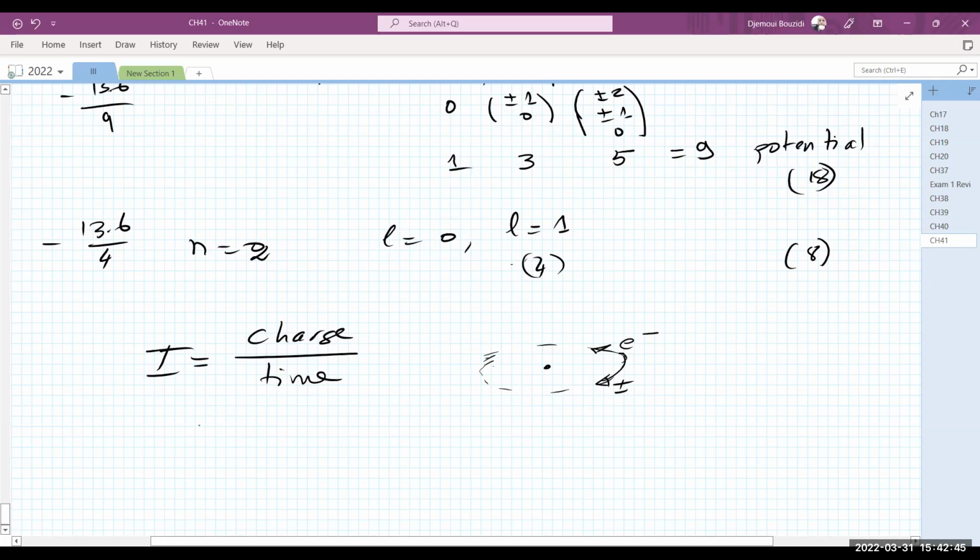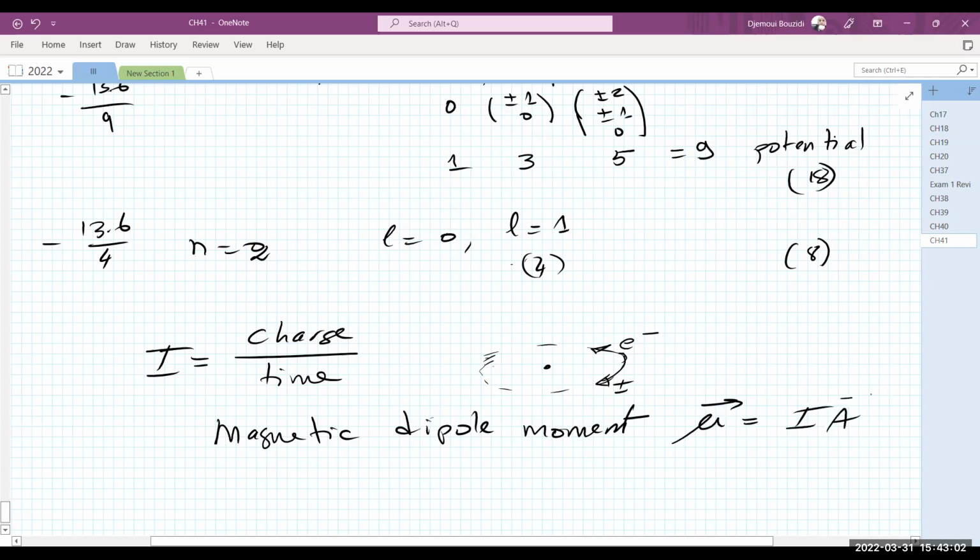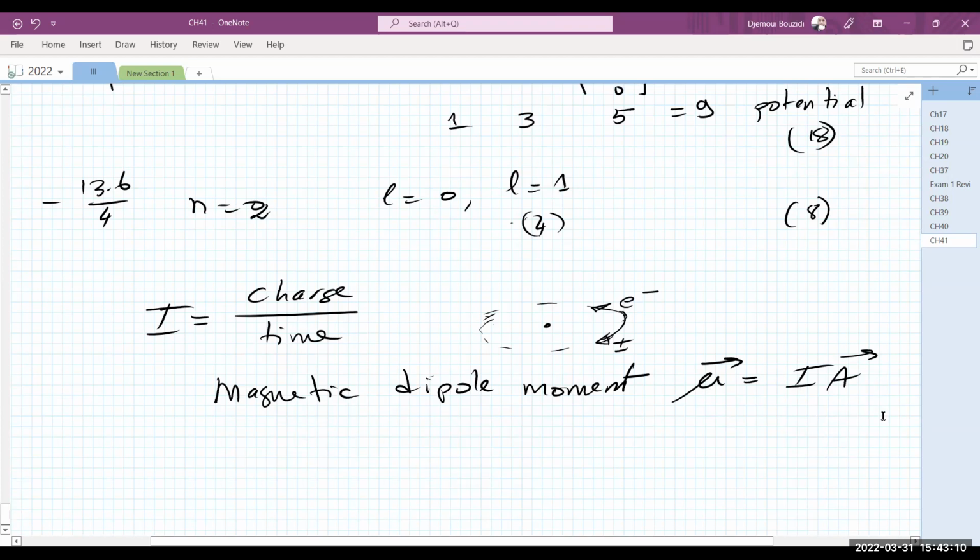If you guys remember from your physics 2 class, the magnetic dipole moment, mu, which is normally a vector, is IA. You remember this from your physics 2 class? Yes. Okay, very good. So it's just the current times the area.